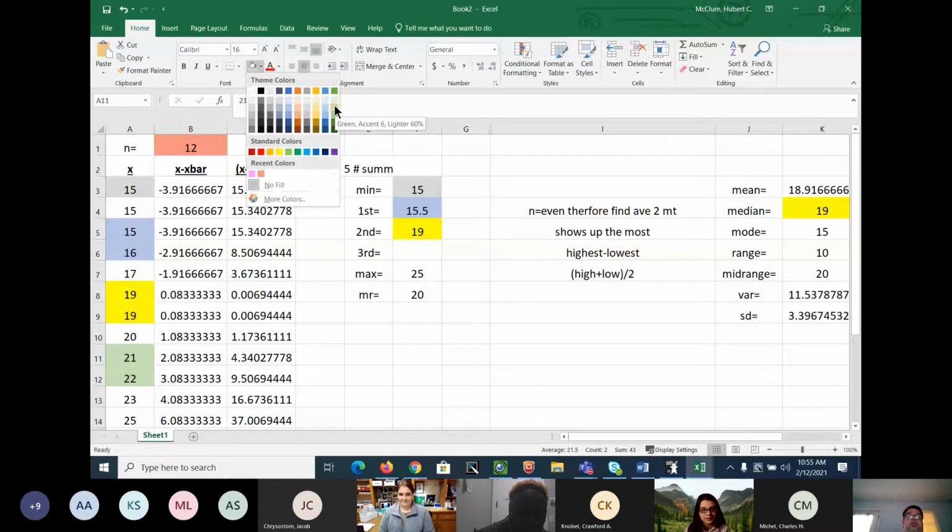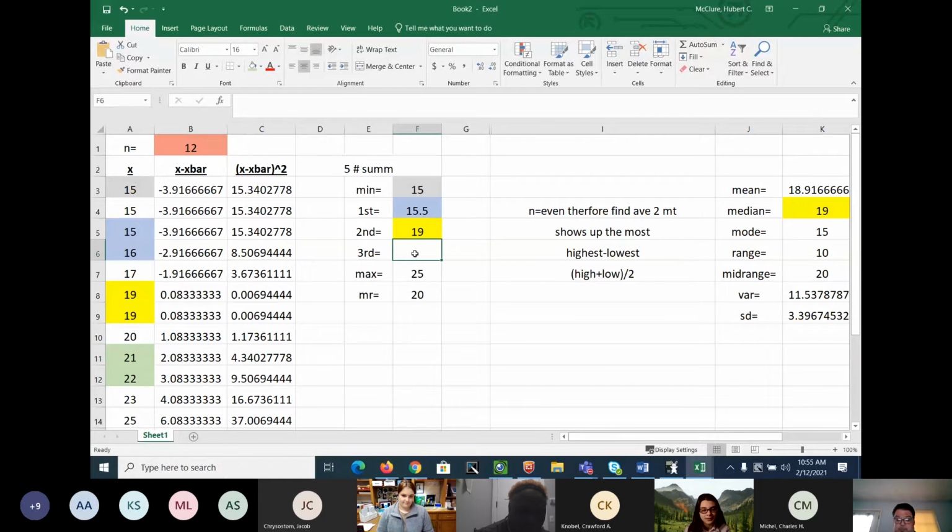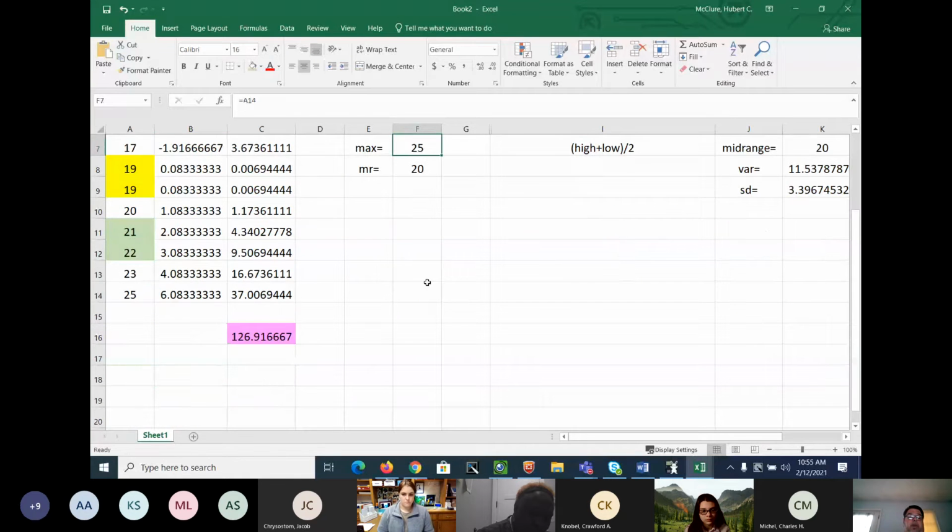Mexican, dang old, I can speak Spanish. All right, so equals parentheses 21 plus 22 divided by 2 and make that verde. And I'm gonna make my max that burnt yellow orange color so y'all see it.